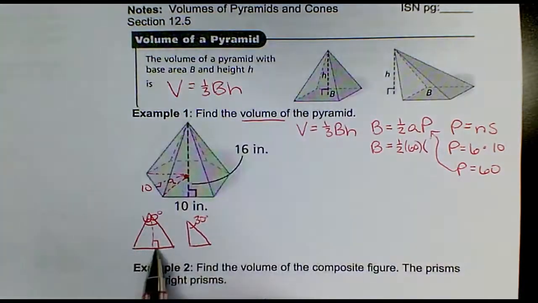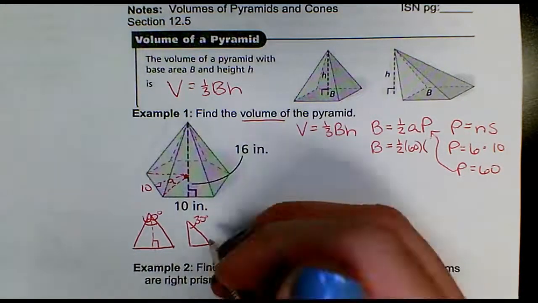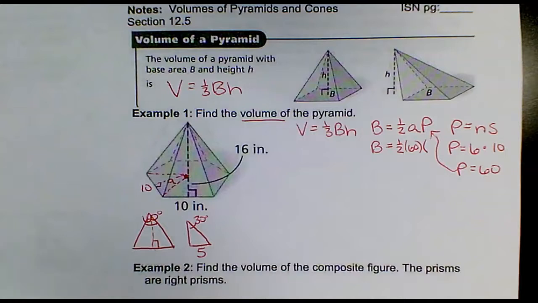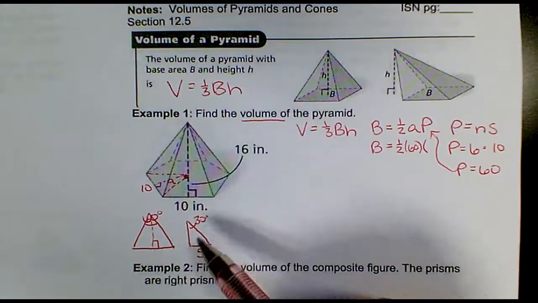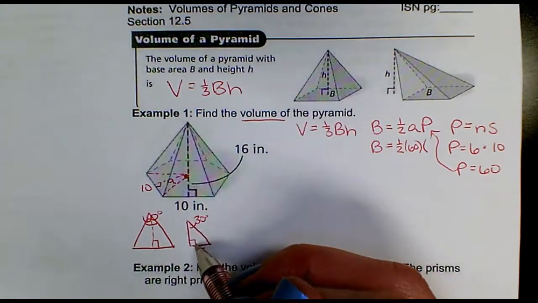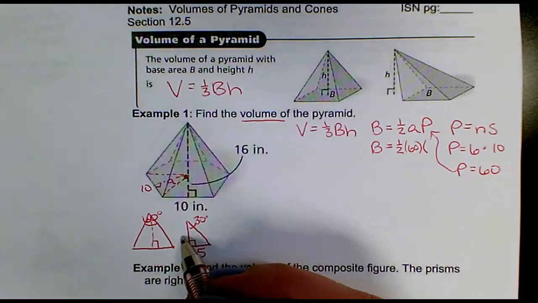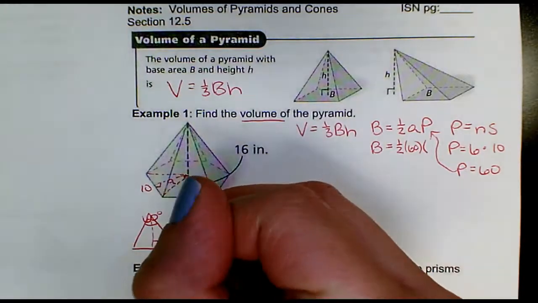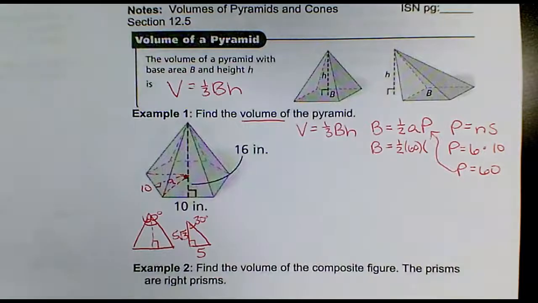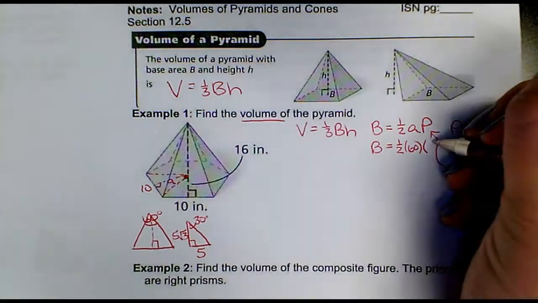But if I just want half of that distance, then this bottom piece is 5. And I'm looking for the apothem. Well, in a 30-60-90 triangle, this is short side, and then this is short side square root of 3. So the apothem should be 5 square roots of 3. It's a very quick process for the area of a hexagon. So hopefully you're getting better at that. So the apothem is 5 square roots of 3.